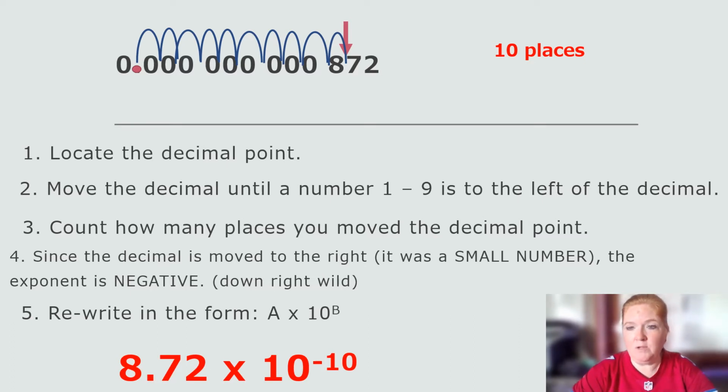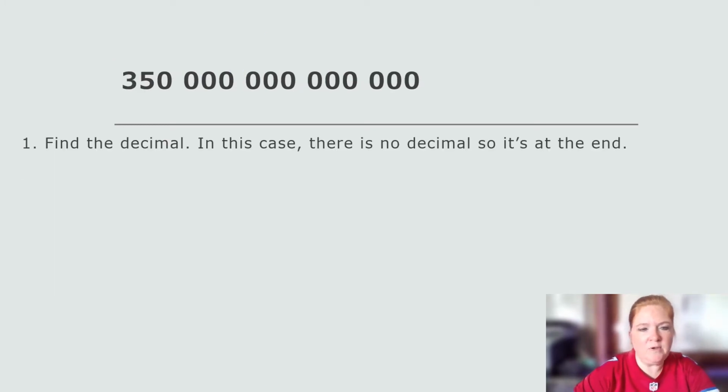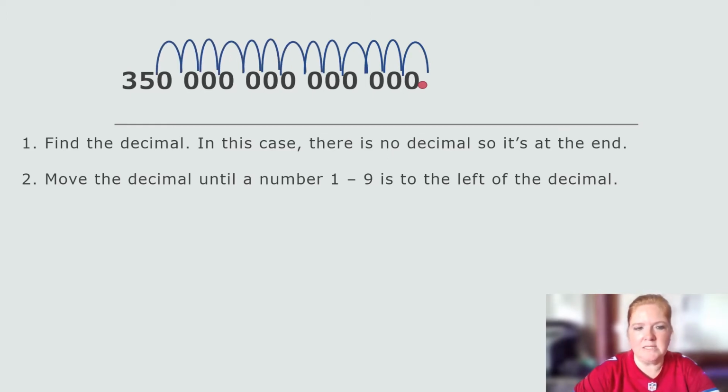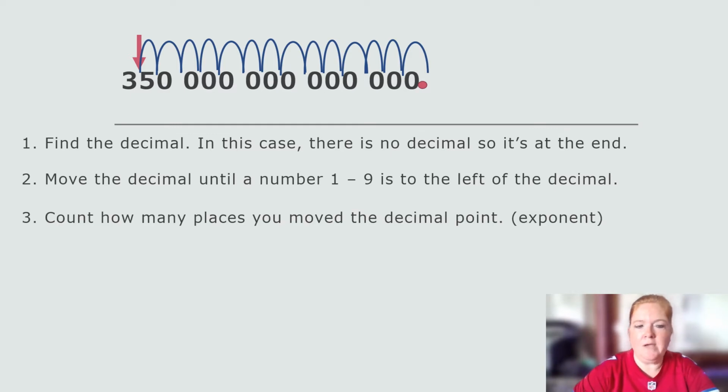Okay, this is something you should be familiar with, but quick recap. Here's another one. So find the decimal. In this case, there isn't one, so it would be at the end. Move it until a number 1 through 9 is to the left of the decimal. So I'm going to keep moving and moving and moving like this until a number 1 through 9. There we go, finally. Now count how many places you moved the decimal point.